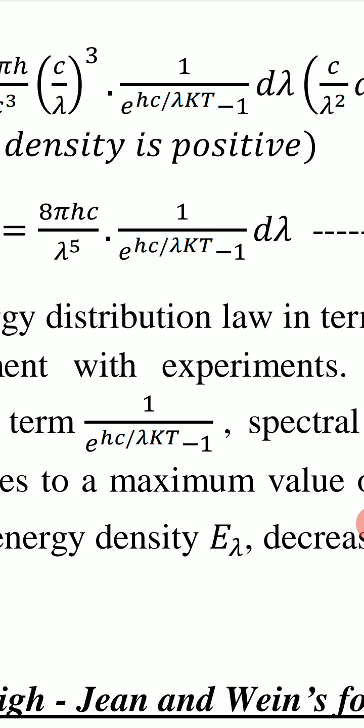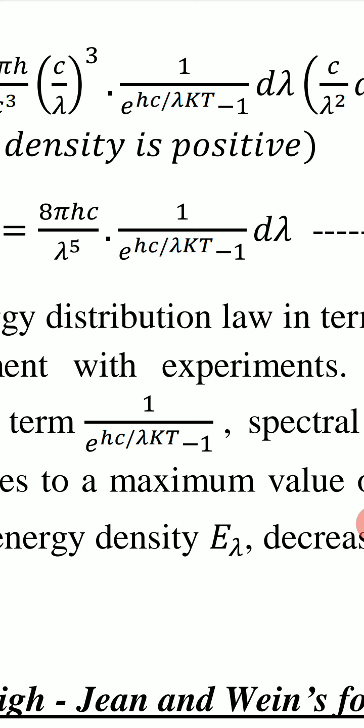So initially, when lambda is small, this factor 1 upon e to the power hc upon lambda kT minus 1 is effective. So the value of E lambda increases with increase in lambda due to this factor.